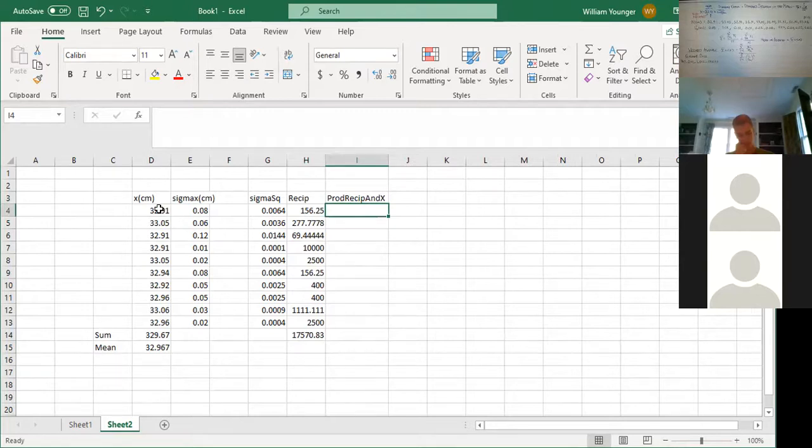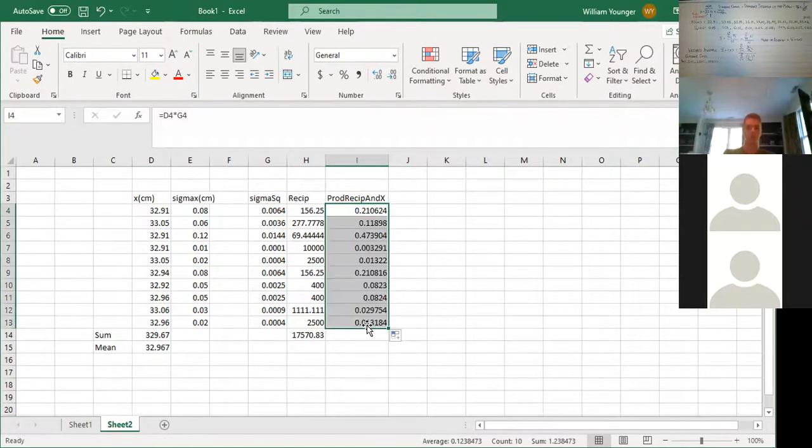So I've got to take this number 32.91 and multiply it by this number, and that's why I said product. So I'm going to say equals this times this, and that gives me that value. And I repeat that for all of them.